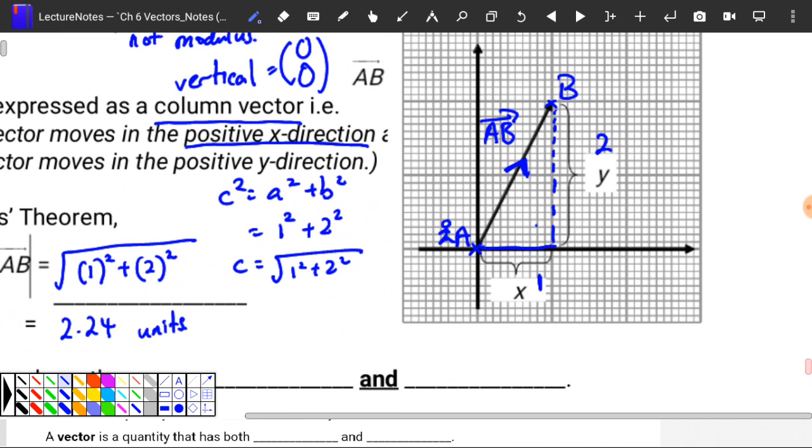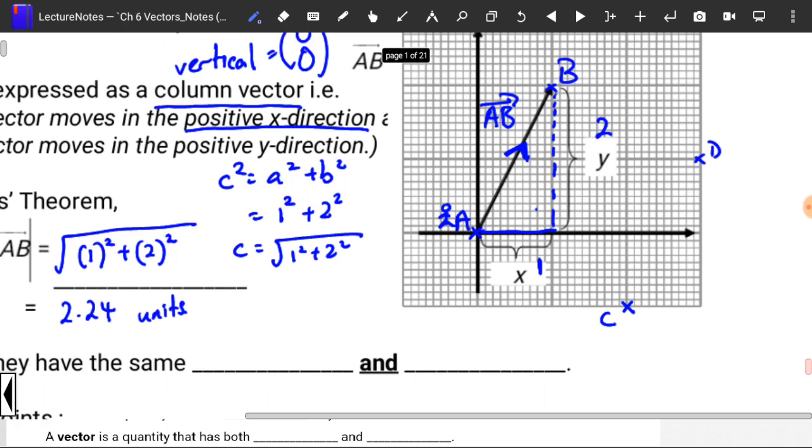can you help me draw a point here and put C, a point here and draw D? And help me calculate the vector, the magnitude of CD.